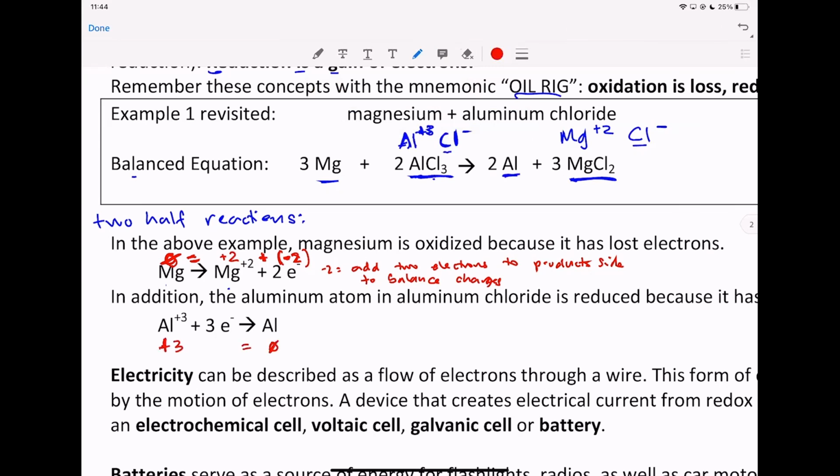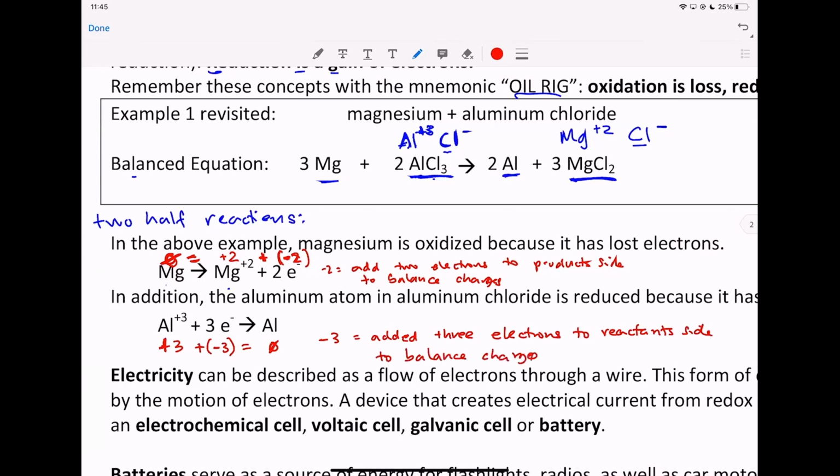Since +3 does not equal 0, in order to get this to equal, +3 will need to add -3. And that -3 means that I added 3 electrons to the reactant side, again, to balance those charges.